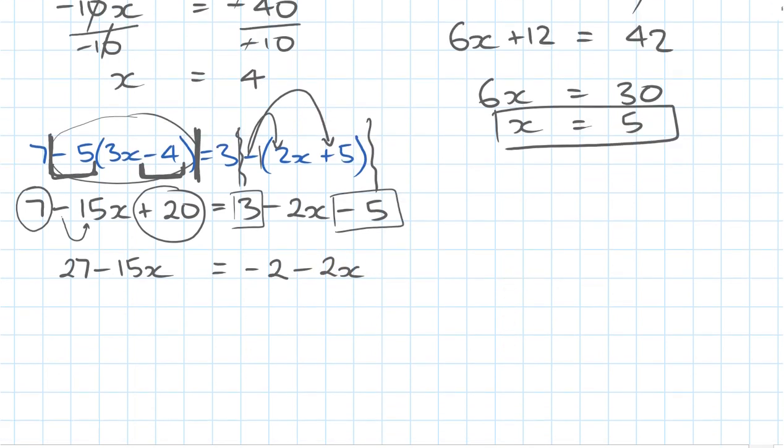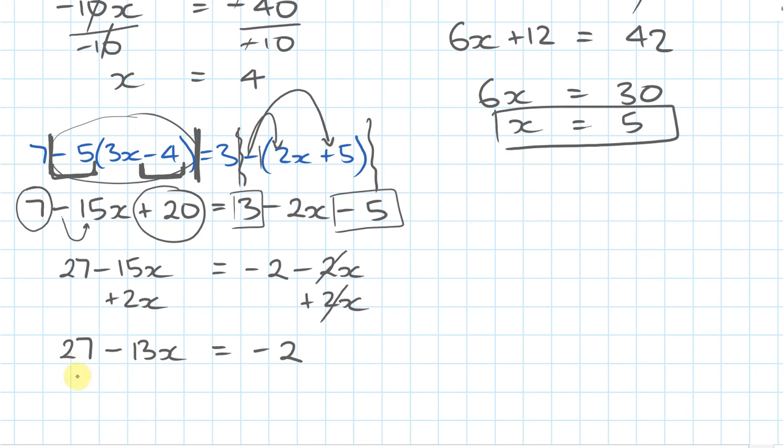Okay, gathering my x's together, I'm going to add 2x to both sides of the equal sign. So in doing so, that negative 2x will cancel with that plus 2x, and on the left hand side I have 27 minus 15x plus 2x gives me minus 13x equals negative 2.